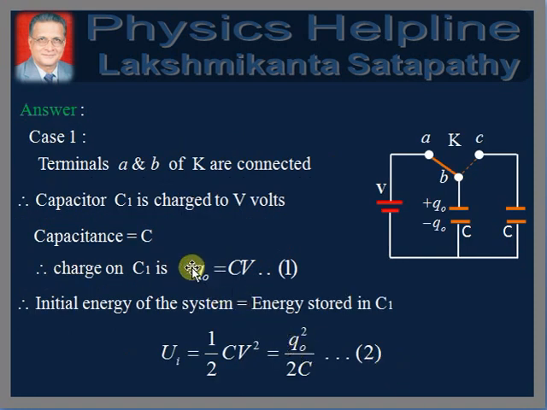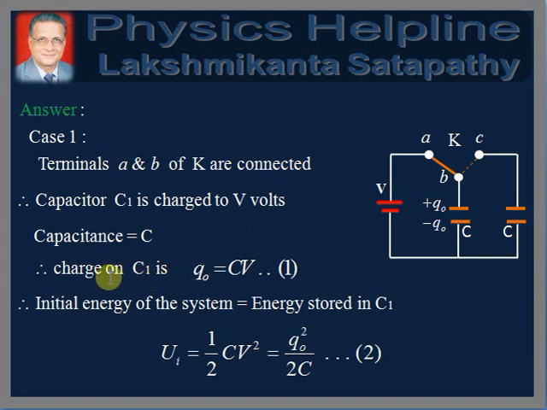Now for the answer. In case 1, the first case, we connect A and B. Therefore, the capacitor C1, whose capacitance is C, is charged to V volts.